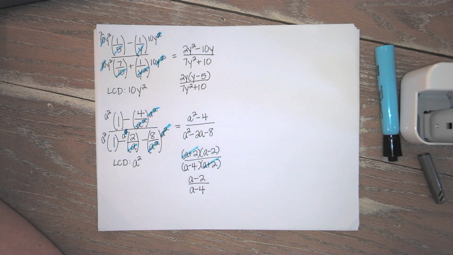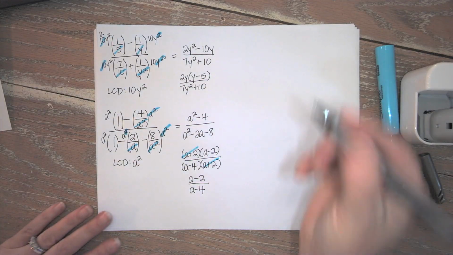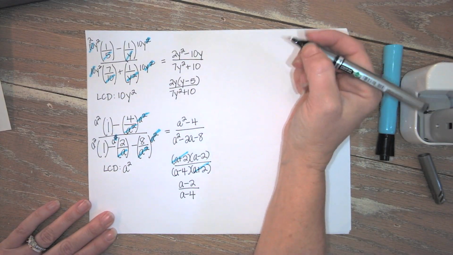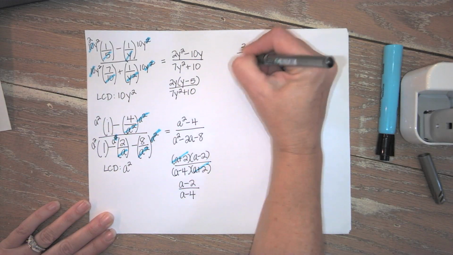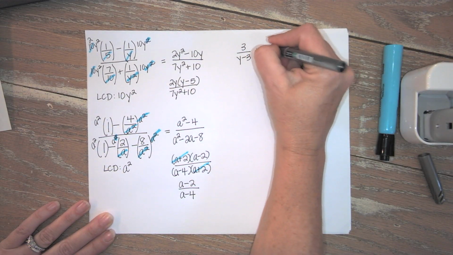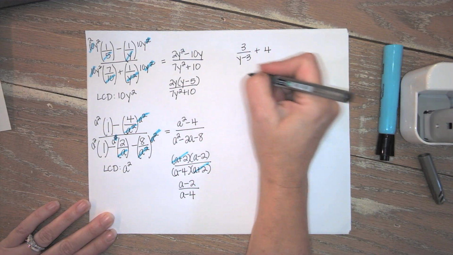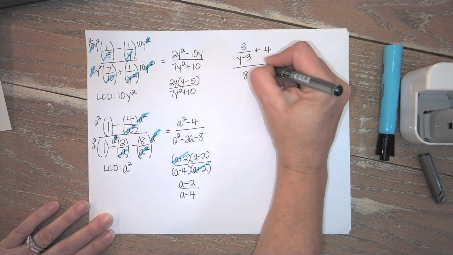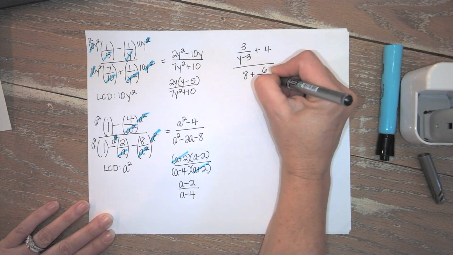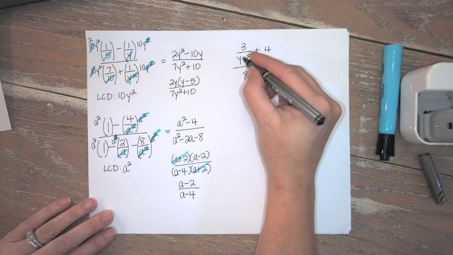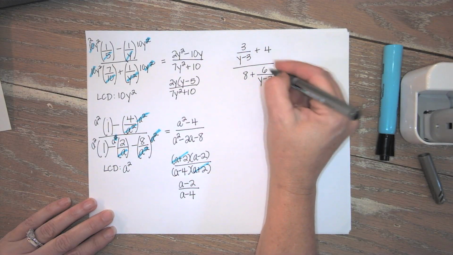All right. I've got one more problem for you, and then you ought to be good to go off and do it on your own. 3 over y minus 3 plus 4 over 8 plus 6 over y minus 3. Okay, so we've got a fraction here and a fraction here.